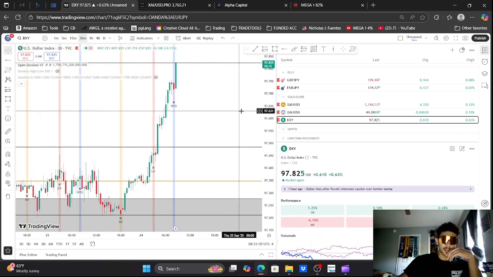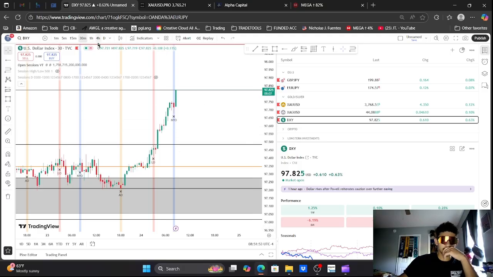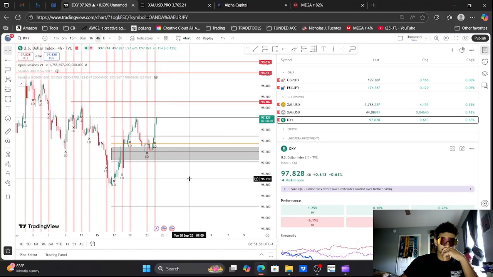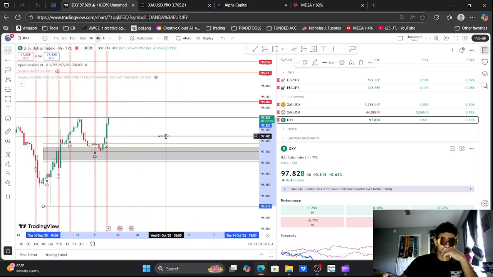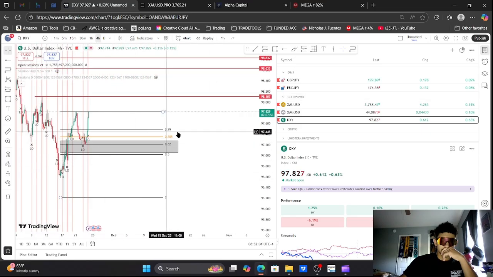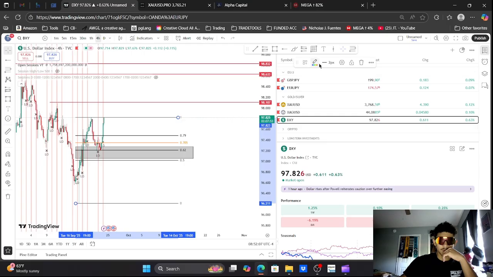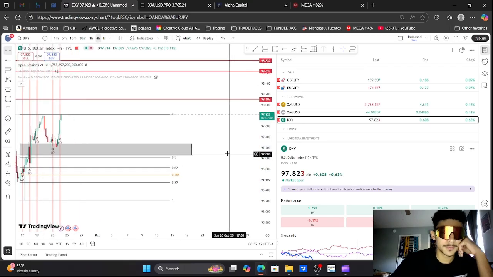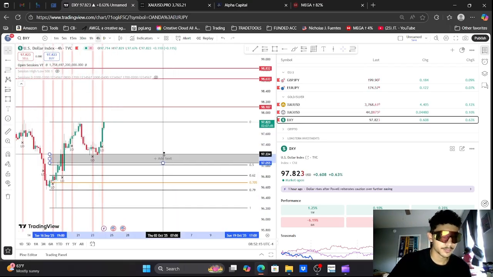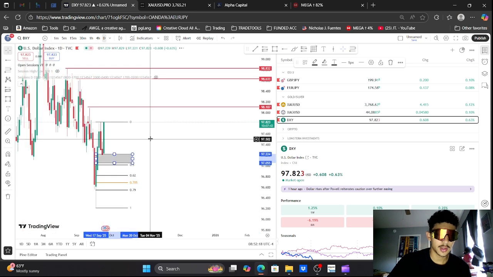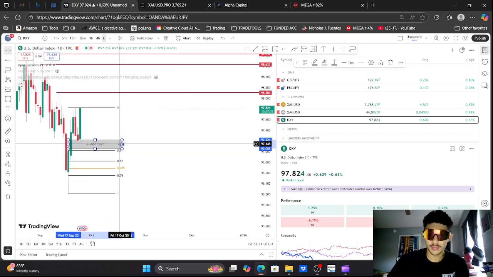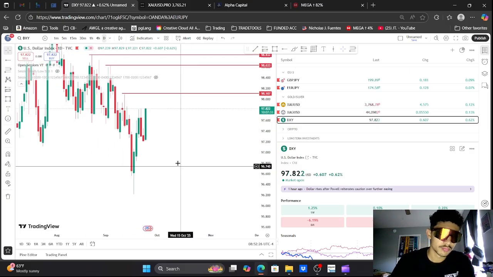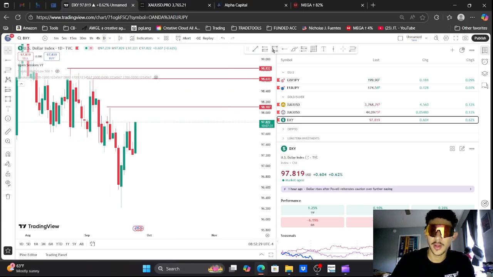But let's trade the US dollar index. I was excited to trade this yesterday. I believe this is the daily. We'll hit this daily for value gap.